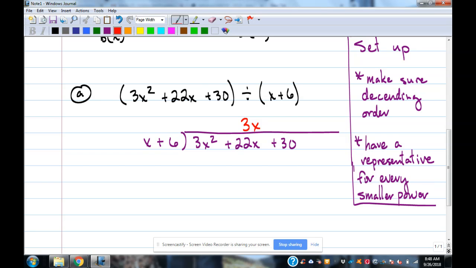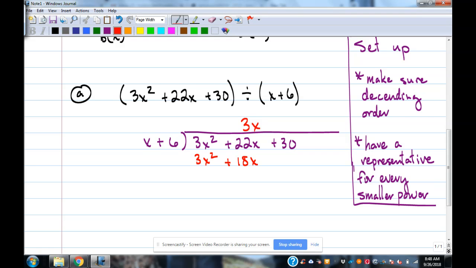So here we're going to multiply 3x times this little binomial. What property are we going to have to use? Distributive property. Why did we do multiplication with polynomials first? You need it. 3 times x is 3x squared. 3 times plus 6 would be plus 18x.